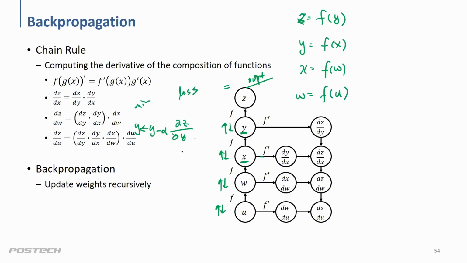I don't know, but I need to compute. So I need to know the relationship between z and x, but in between we have y. And what about the omegas? I need to compute that one. What about u? I need to compute these partial derivatives, or gradients.